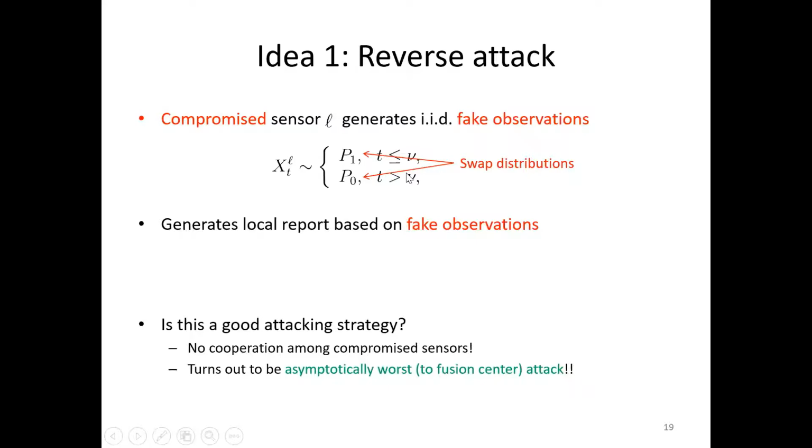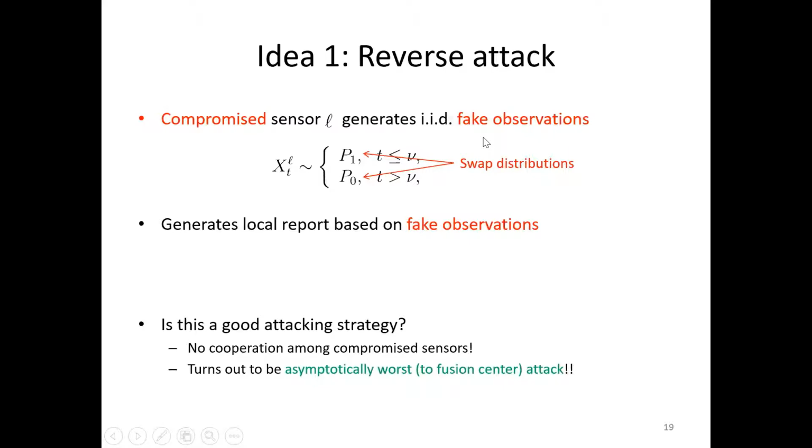So one question here is, is this good enough? Because I just mentioned that the compromised sensors can corroborate and coordinate, right? But here we seem to give away the corroboration, because the compromised sensors just generate their reports according to this IID fake observation.